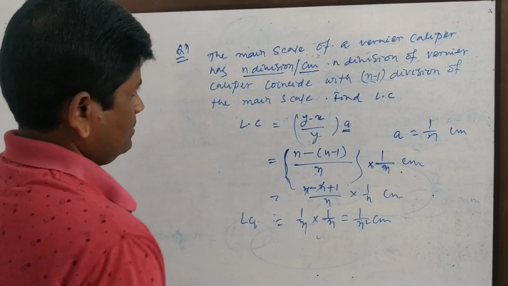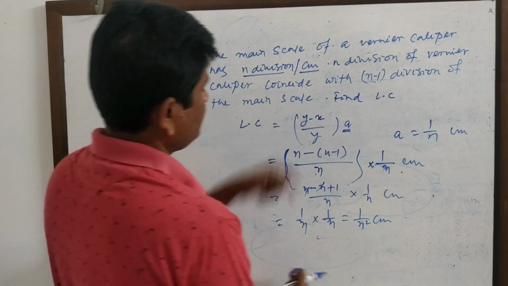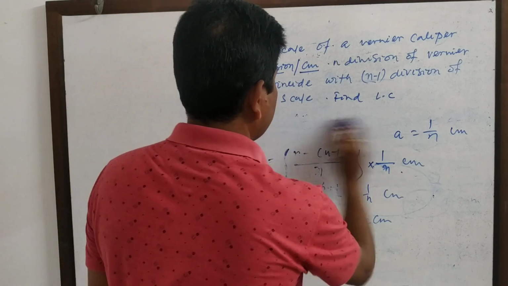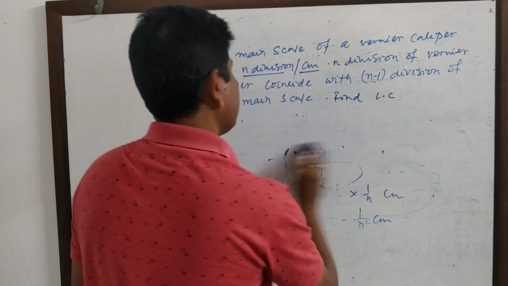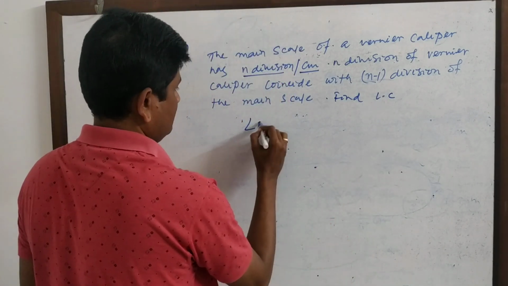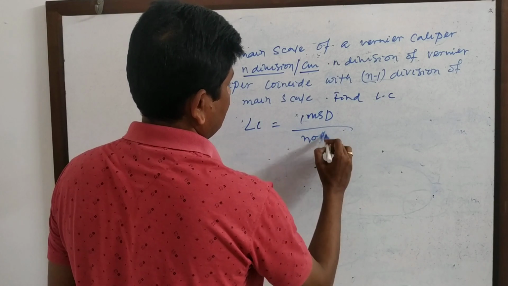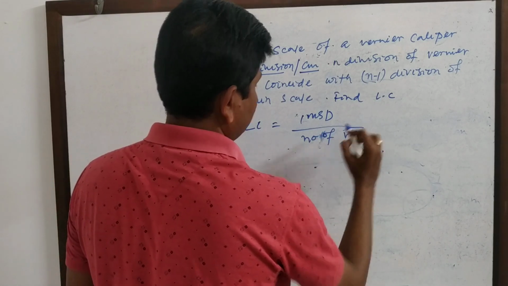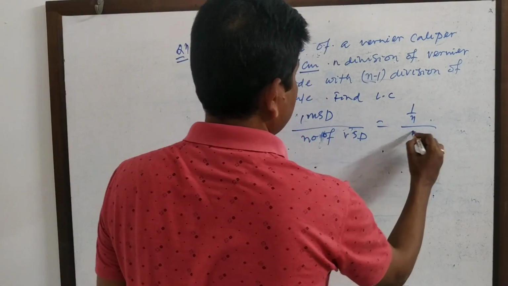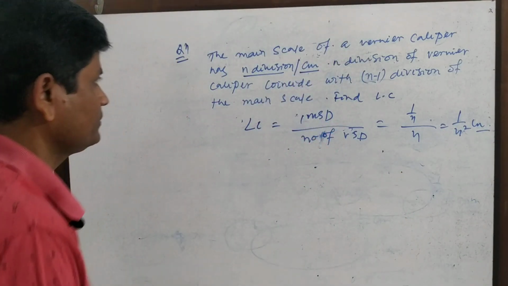Or we can use a direct formula. Here we know that y minus x, or the vernier scale has one extra division than the main scale division, then least count is equal to 1 MSD by the number of VSD, vernier scale divisions. 1 MSD is equal to 1 by n, by number of divisions n, is equal to 1 by n square cm. Least count, direct formula.